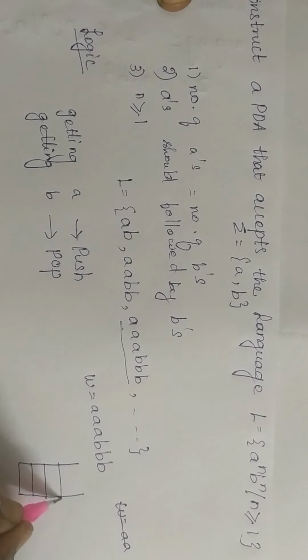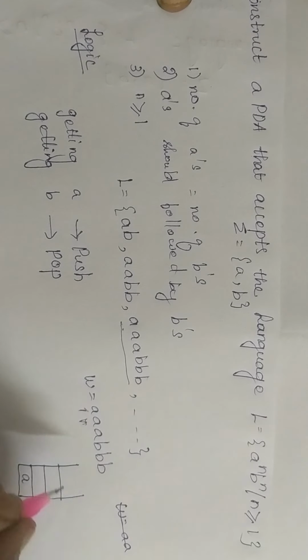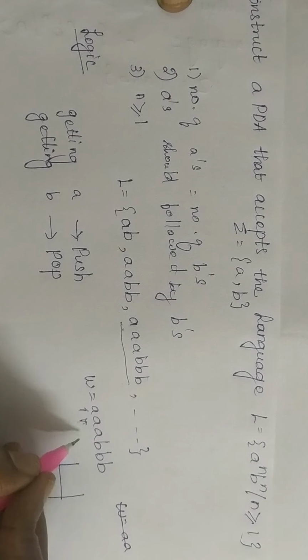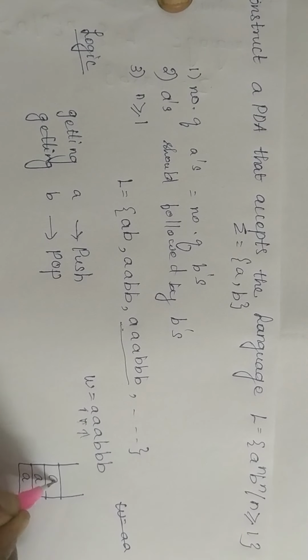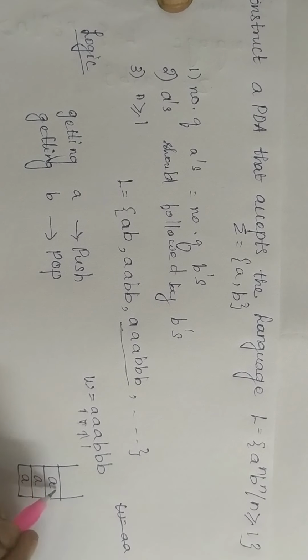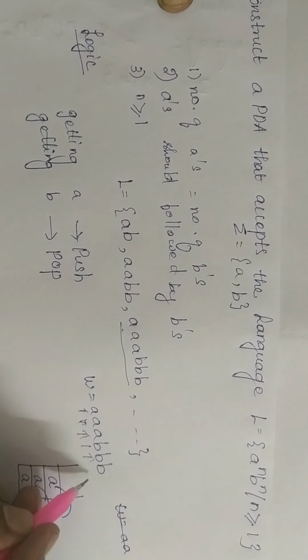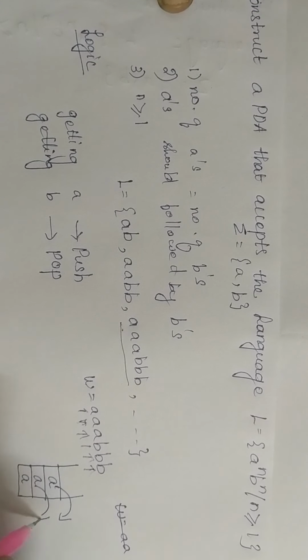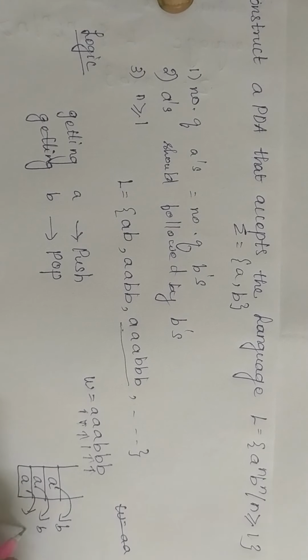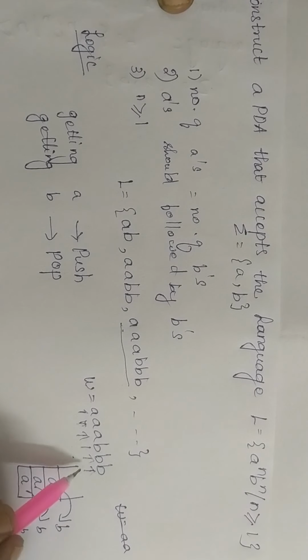Whenever I get an A, I push it into the stack. Another A, push it. Another A, push it. Whenever I get a B, I pop one A out from the stack. Another B, pop it out. Another B, pop it out. Now our stack is empty, so we can understand that our string will be accepted.